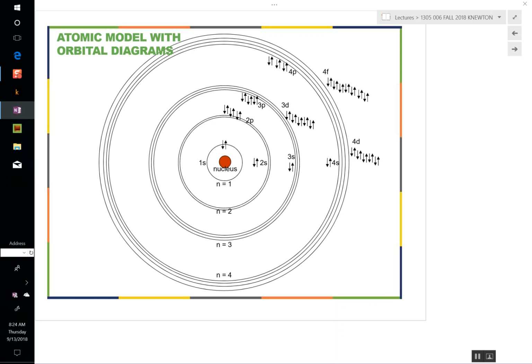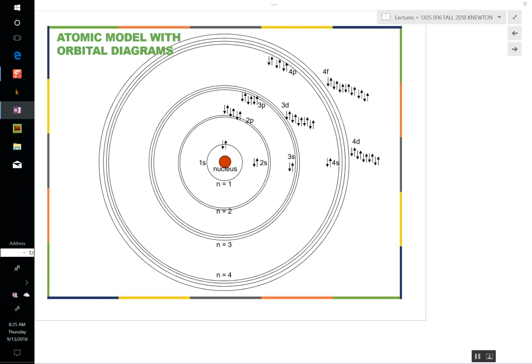This is why this energy level can hold 8 electrons. s only holds 2, p only holds 6. If you add those together, the second energy level can hold 8 electrons. But the sublevels still have their regular seating capacity, which is 2 and 6.